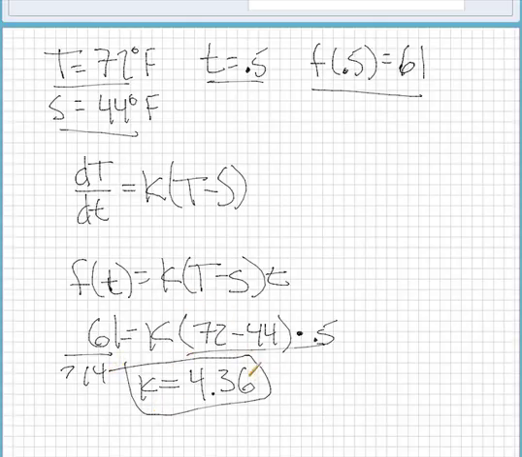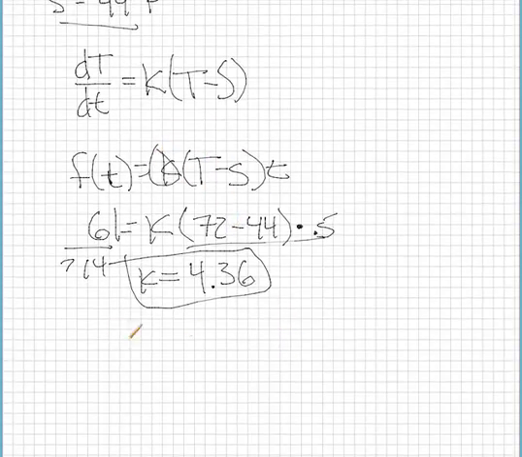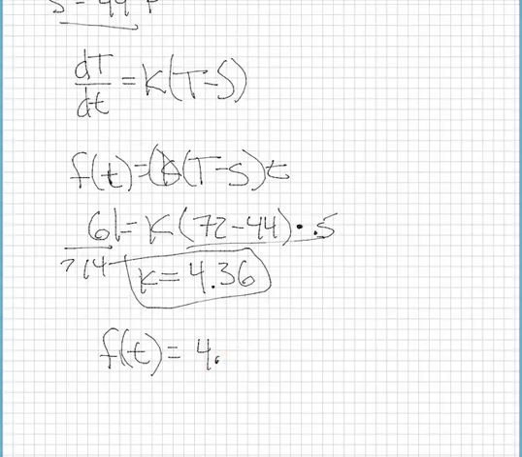So we can plug this back into this equation right here for K. And we also know these things. So what we get is f of t. So however long this will be for time, we will know the temperature. So we're going to plug in 4.3, and this is actually 28.